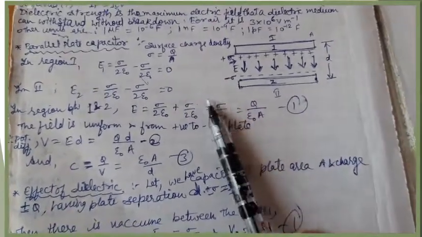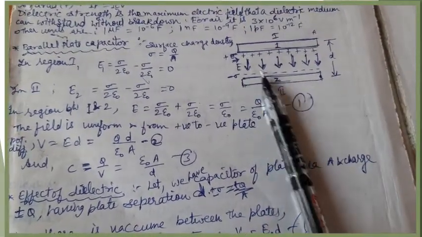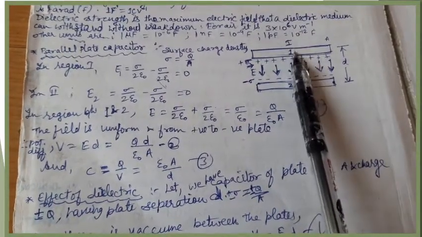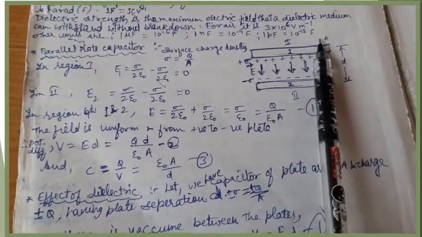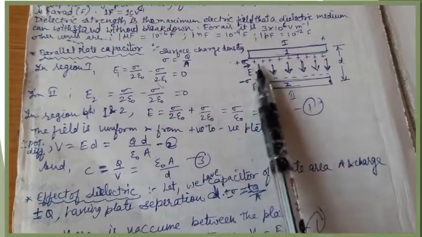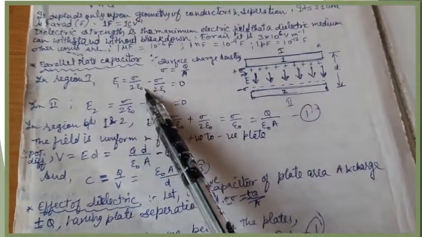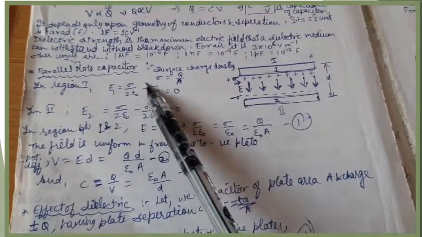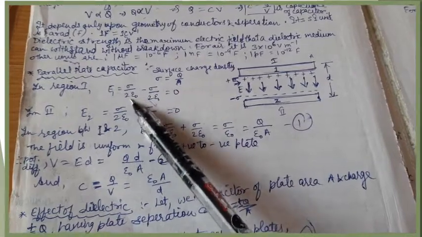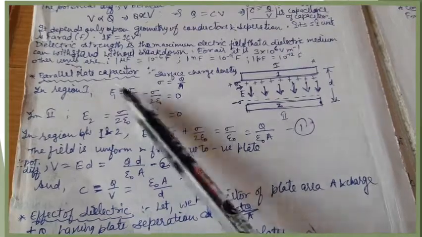Now we divide the whole system into different regions. Region first is the region above plate 1. In region first, the electric field due to the positively charged plate is plus sigma upon 2 epsilon naught. You must be familiar with this expression because we have determined the electric field due to a plane sheet or charged plate in earlier portions.